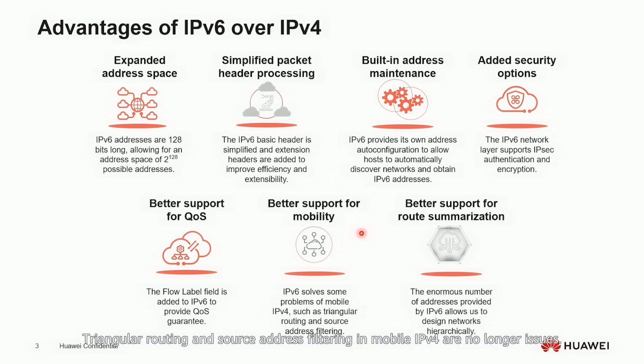Triangular routing and source address filtering in mobile IPv4 are no longer issues. In terms of route summarization, the enormous number of addresses provided by IPv6 allows us to design networks hierarchically, facilitating route summarization and improving forwarding efficiency.